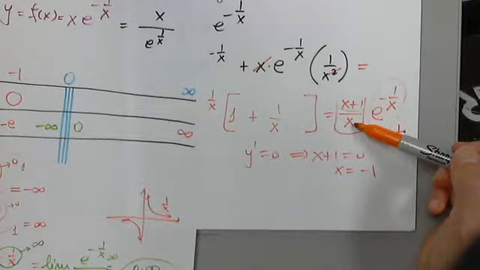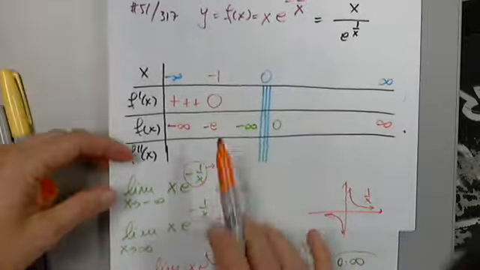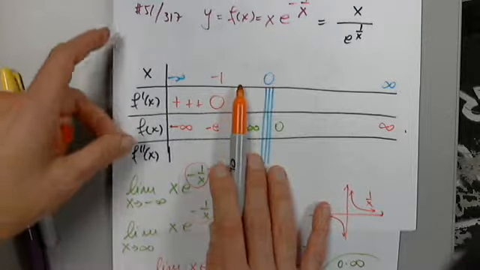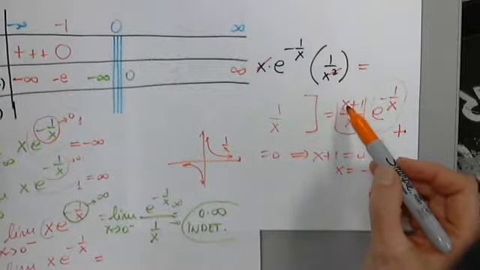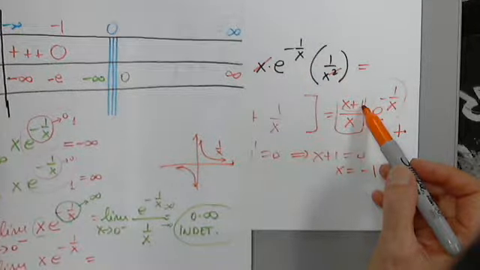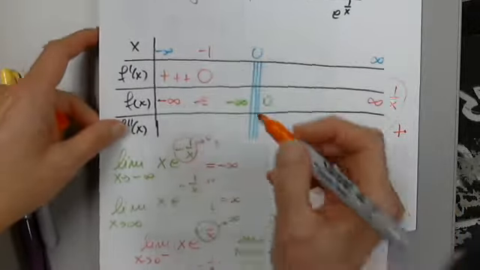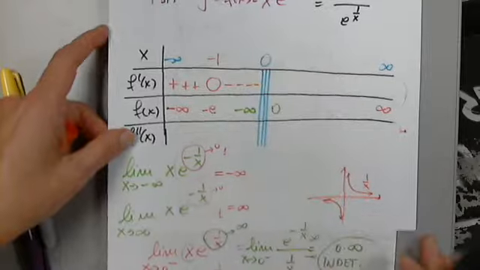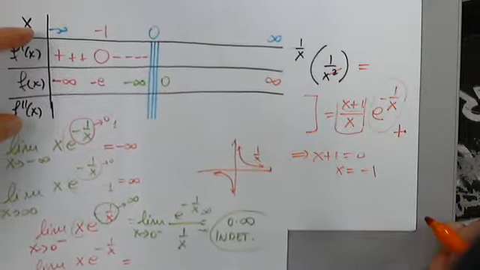Very good, awesome. Now here in the middle, a little slightly difficult because I have to plug in negative 0.5. Negative 0.5 plus 1 is positive, and negative 0.5, negative. Now on the other side, let's say 10. 10 plus 1 over 10.